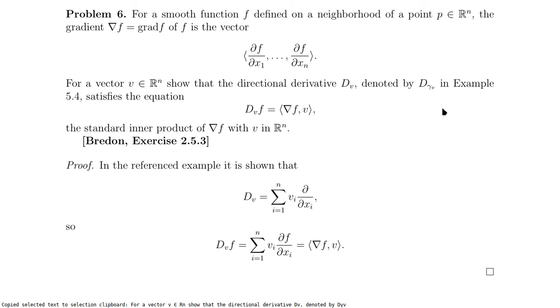And it's also clear that the directional derivative of the sphere with respect to this vector is the same as the derivative with regard to this curve, which is a circle in this situation.